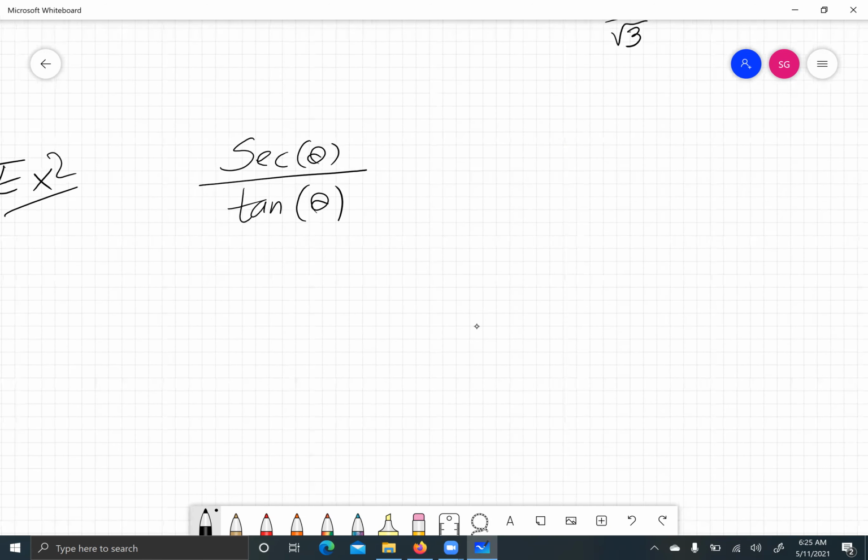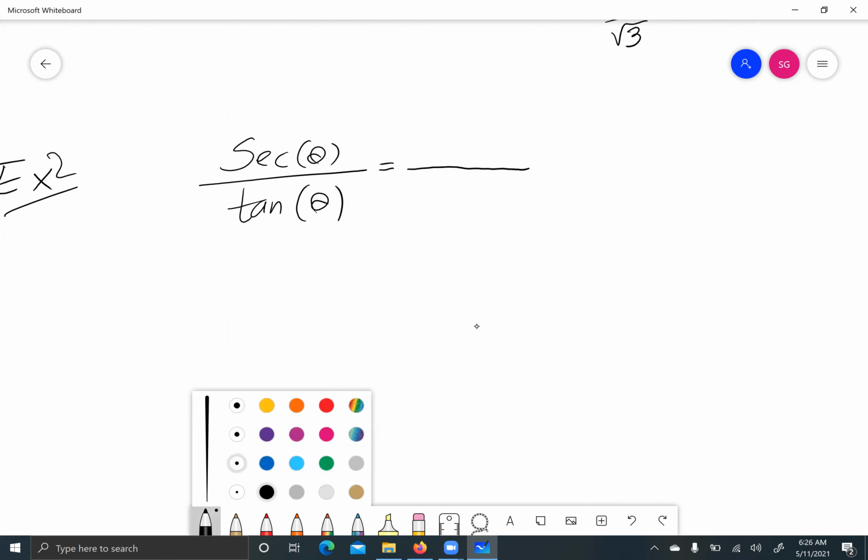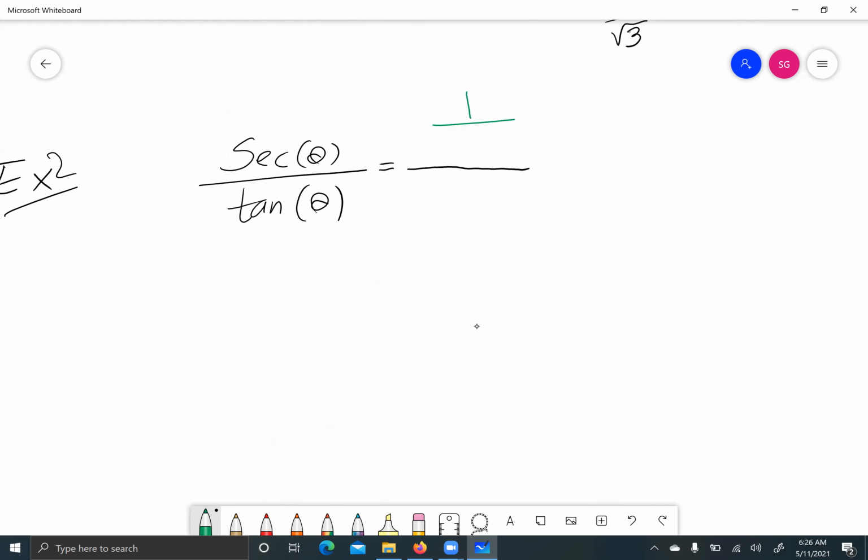Let's see if we can simplify this further. So remember, we started with sine and cosine. Always, if you can reduce the function in terms of sine and cosine, that would be interesting. So what is secant? Secant is 1 over cosine.